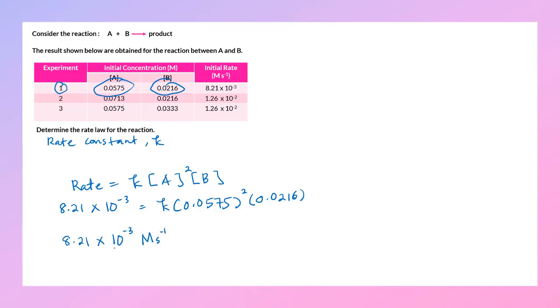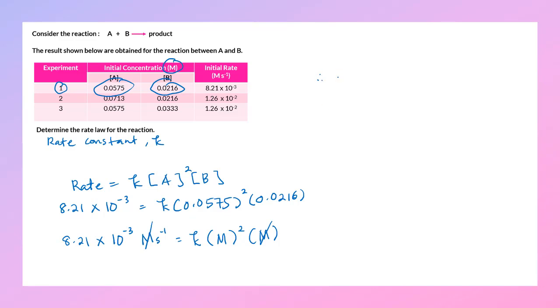So 8.21 times 10 to the power of negative 3 molar per second equals K times M to the power of 2, and this one is the concentration of B, the unit is molar. You can see molar and molar cancel out, leaving molar squared and per second.